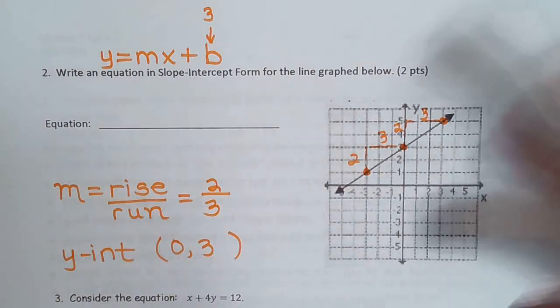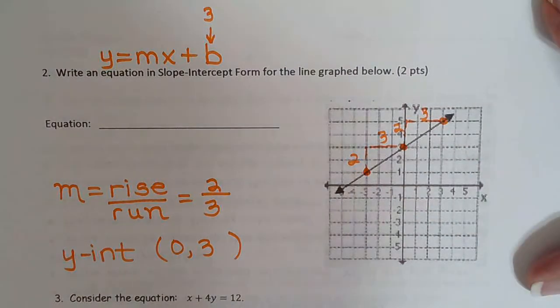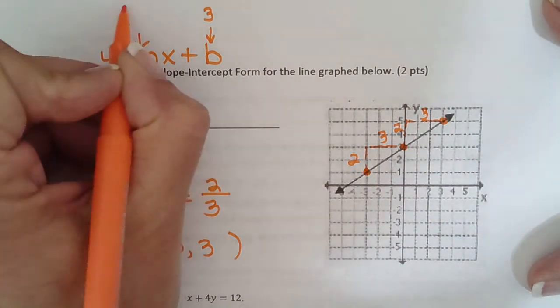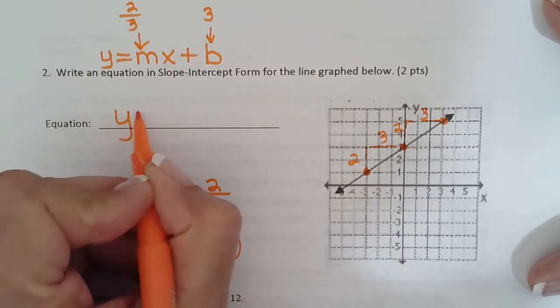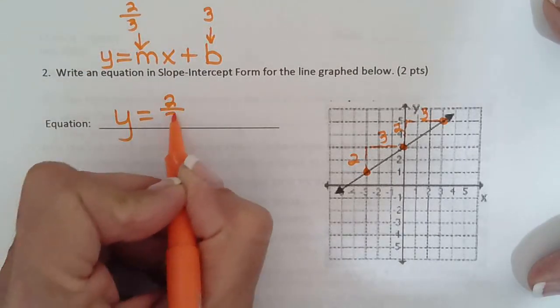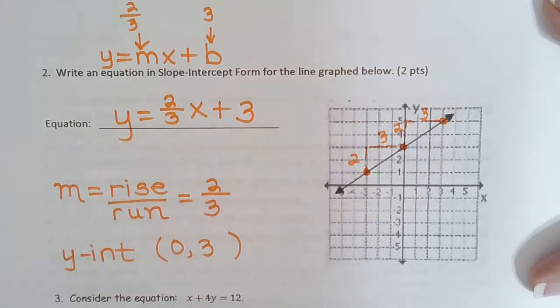It should be positive as we found because the line is rising. So now I know my m, and now I'm ready to write the equation. y equals 2/3 x plus 3. And there we have it.